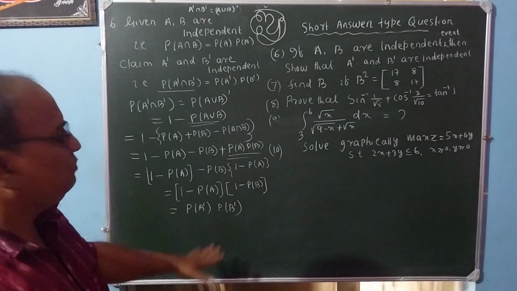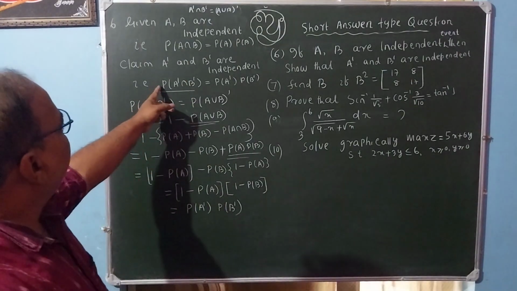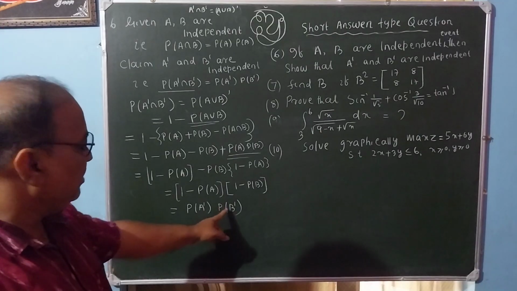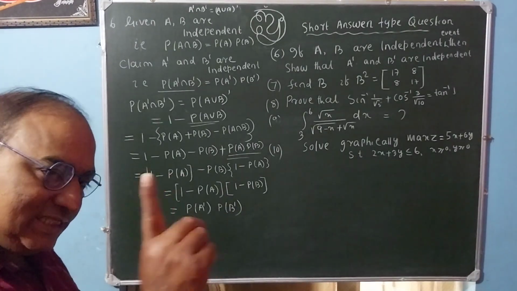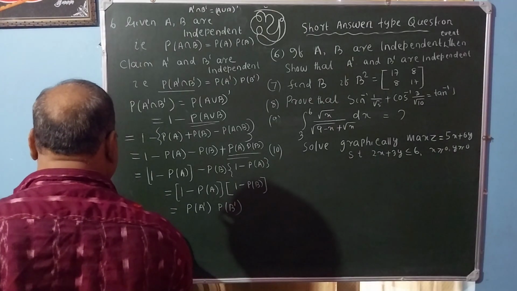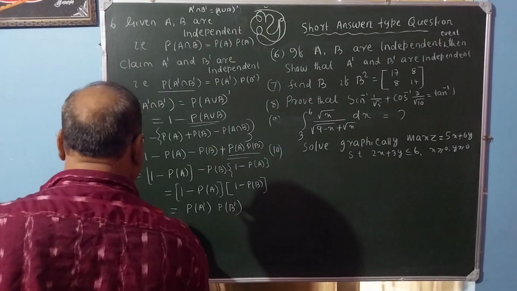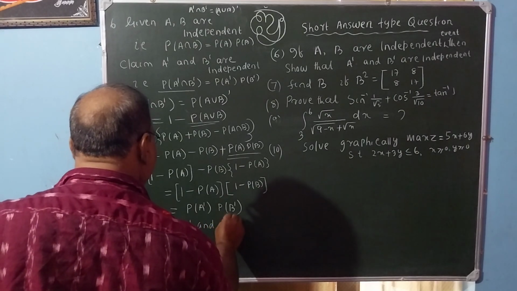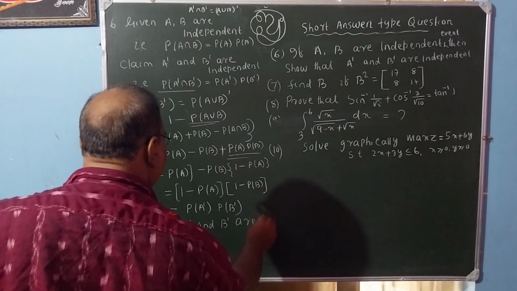So our aim is fulfilled. Probability of A dash intersection B dash is probability of A dash into probability of B dash. Hence, A dash and B dash are independent.